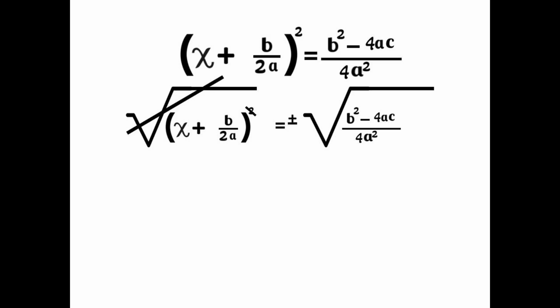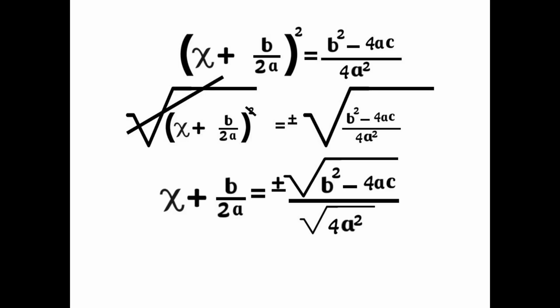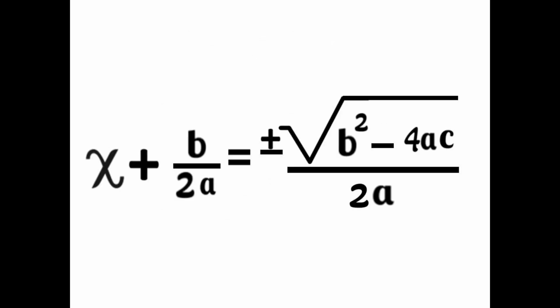We also square root the denominator: the square root of 4 is 2, and the square root of a squared is a. So the new equation is x plus b over 2a equals plus or minus the square root of b squared minus 4ac, divided by 2a.